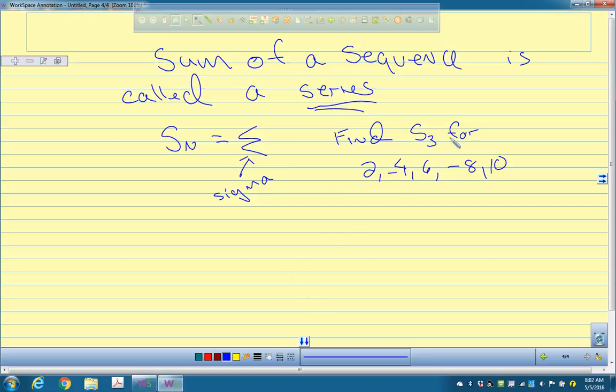What's the sum of the first 3 terms? Tate, what's the sum of the first 3 terms? 4. That's correct. So you just 2 plus negative 4 plus 6, is that right? Which makes 4. That's it, okay? So S sub 3 is equal to 4.